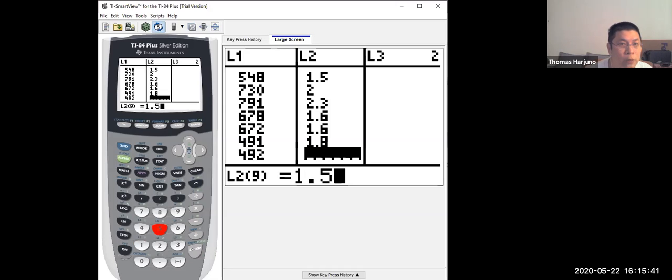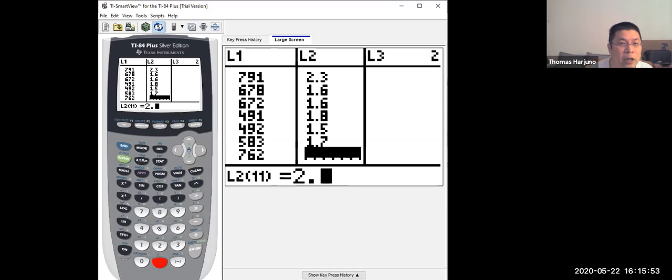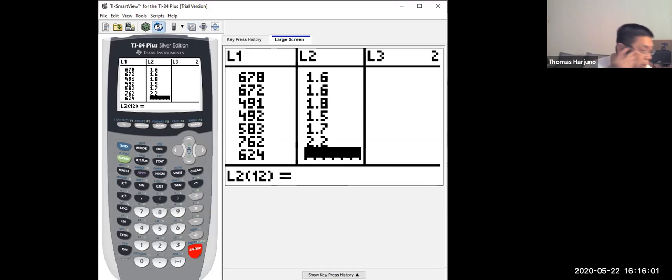That's software that you find in almost, if not all computers. Then you type this data into your spreadsheet, and then you use the formula that I taught you.